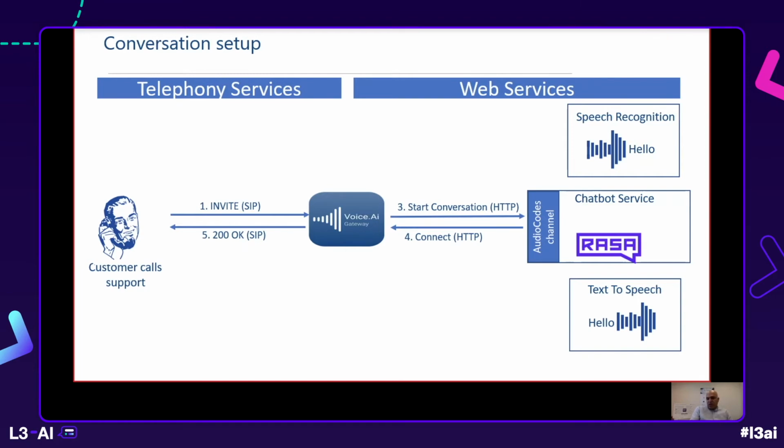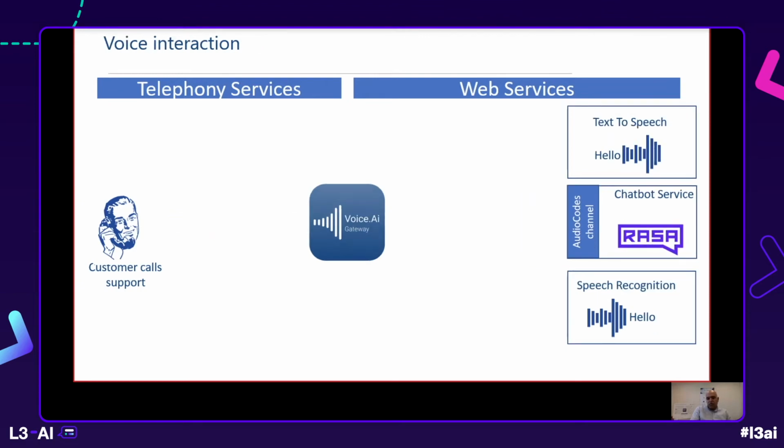Then the AudioCodes channel will inform your bot using a new intent called VIG event start that a conversation started, with all of the details of this conversation. Usually, your chatbot will reply with a specific utterance, which will be the welcome prompt to the user.